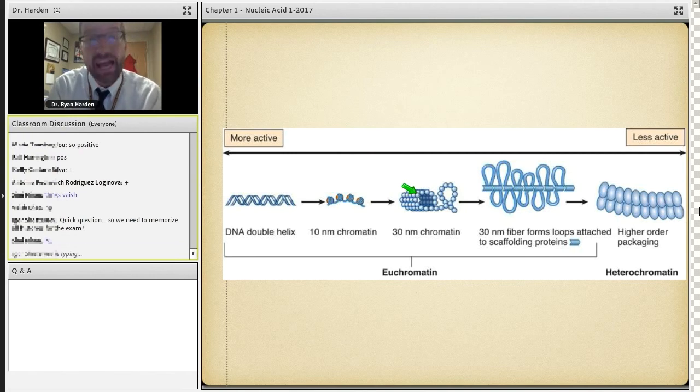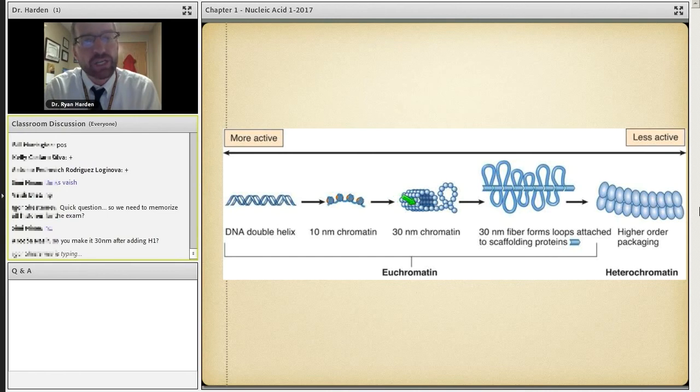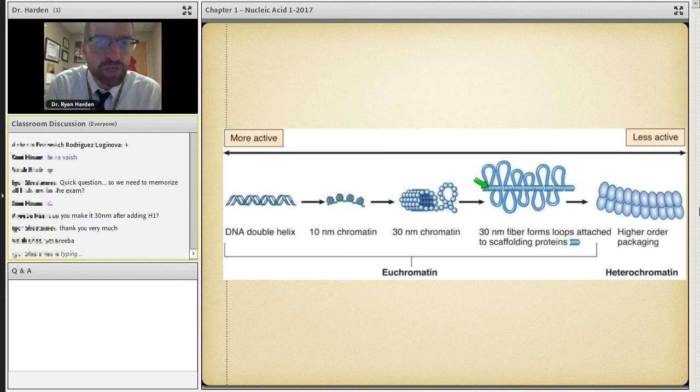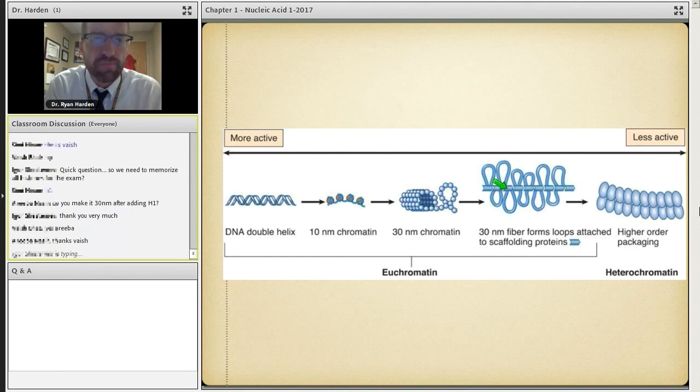Now, in reality, in the cells of your body, Igor, I've seen that question, so I would say yes. You need to memorize the histones because I've seen that question on the exam. Good question. But actually, in your body, this 30 nanometer chromatin becomes a fiber, and you can arrange that in 3 dimensions around what are called scaffolding proteins to form this structure.